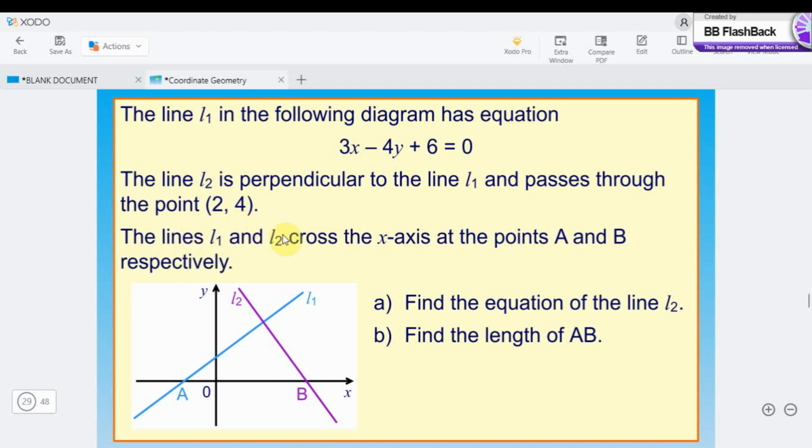The lines L1 and L2 cross the x-axis at A and B. Find the equation of the line L2. The line given in purple is L2, and the line in blue is L1. Now we need to find the equation of L2 and then find the length of AB. So pause the video and attempt this question for me, please.